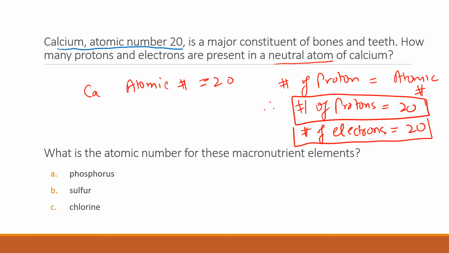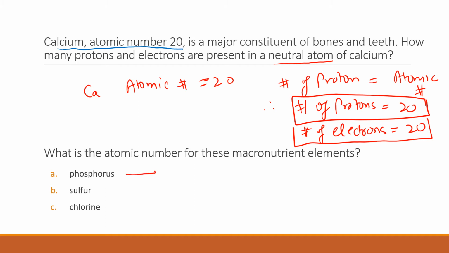Next question is, what is the atomic number for these macronutrient elements? For this, we have to look at the periodic table. We will discuss the periodic table in detail, but I'm just going to write the values here.